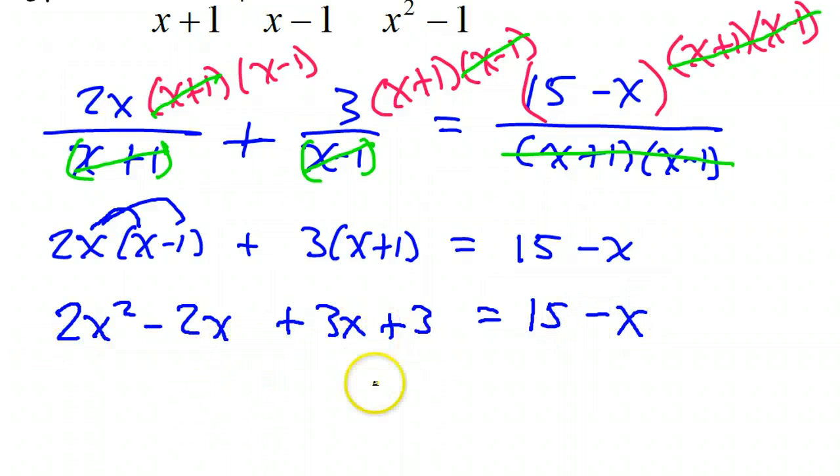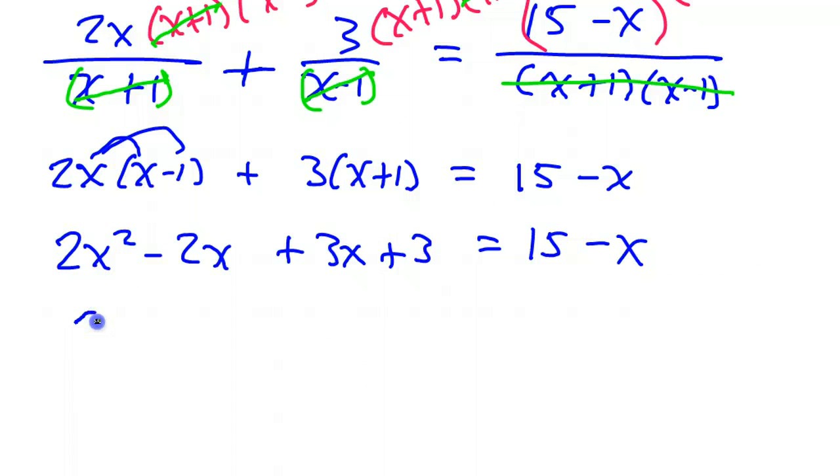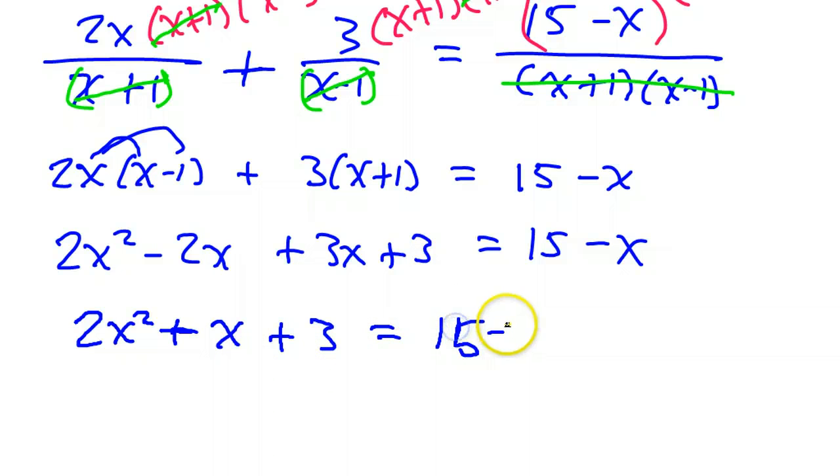Okay, let's combine like terms over here. So that's going to give me 2x squared plus x plus 3 is equal to 15 minus x. Now I see I have x squared and x, so I need to get everything on one side and factor.